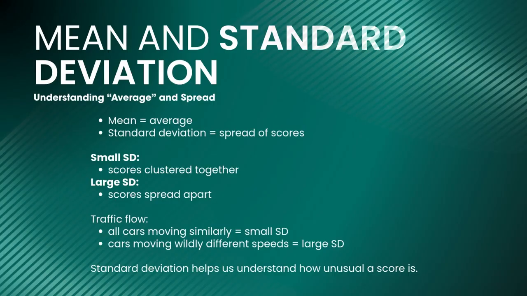If every car is moving around the same speed, traffic looks compact and clustered. That's a small standard deviation. But if some cars are crawling at 20 miles per hour while others are flying past at 90 miles per hour, like on Route 28 if you're from Pittsburgh, that traffic becomes more spread out. And that's a large standard deviation. In assessment, standard deviation helps us understand how unusual or how typical a score is.